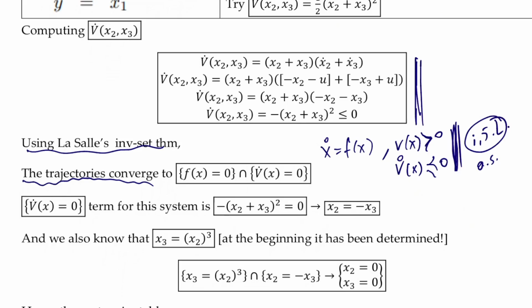Okay, and LaSalle's theorem states that when we have that, states will converge to this set, meaning the intersection of what comes from the dynamics and what comes from our Lyapunov function. And V dot being 0 for this system is this, right?